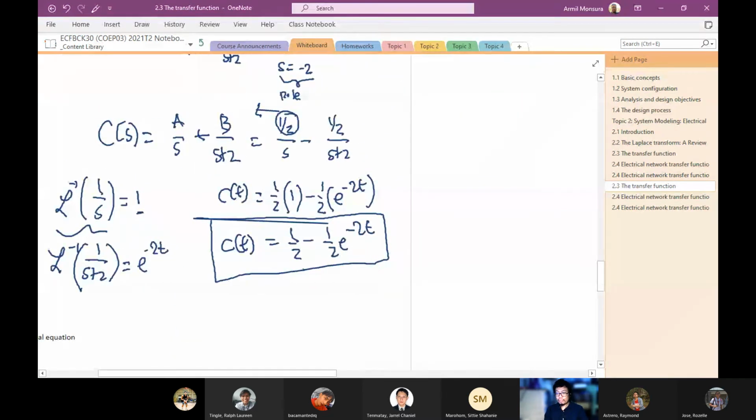Pero if you know what quantity is this, lalagyan natin siya ng unit. For example, if this C of t is halimbawa speed, sinabi na yung output nyo is speed, then we might as well place meters per second there. So para fully ma-describe natin yung sagot natin.